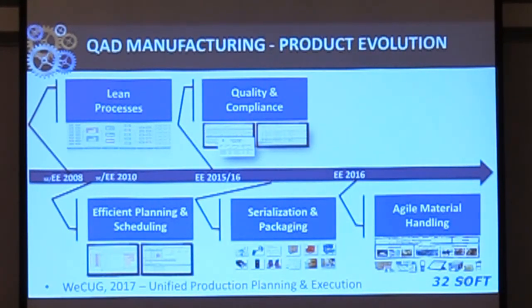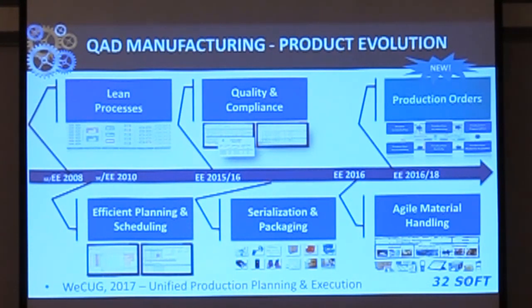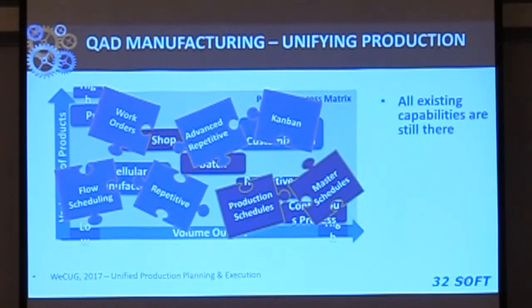Serialization and packaging was there, and then agile material handling was introduced in 2016, and now production orders are the wave of the future. Production orders, all of the functionality still exists. So you've still got work orders, advanced repetitive, Kanban, flow, repetitive, production schedule, master schedule. All of the capabilities of the system exist.